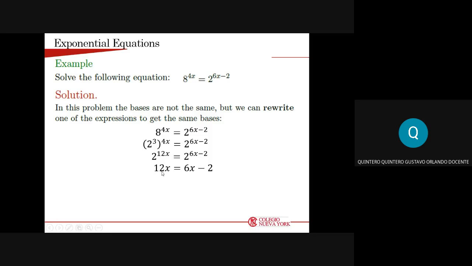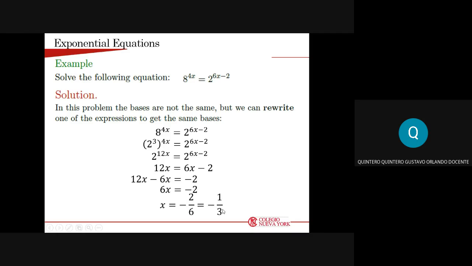12x equals 6x minus 2. From here, simply isolate the x. Move the x's to one side of the equation. Do the operations in here. And then isolate. The 6 is multiplying, so I'm going to pass it to divide, right? This is negative 2 over 6, right? Which is the same as negative 1/3.